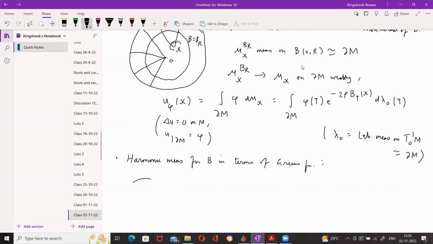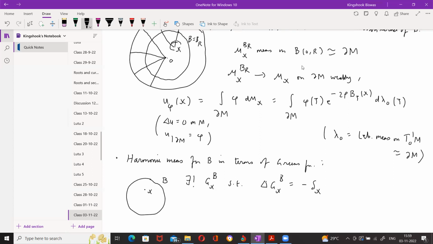So we have the ball B. And if I take any point X, then what you can show is that there's a unique Green's function G X B such that the Laplacian of GXB, a fundamental solution with a pole at X, is minus Dirac at X. This is like what we constructed for harmonic manifolds, right?